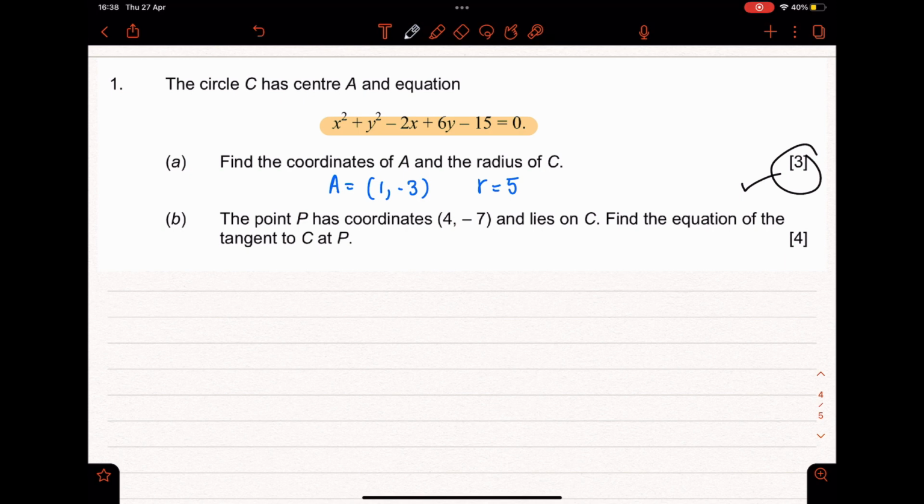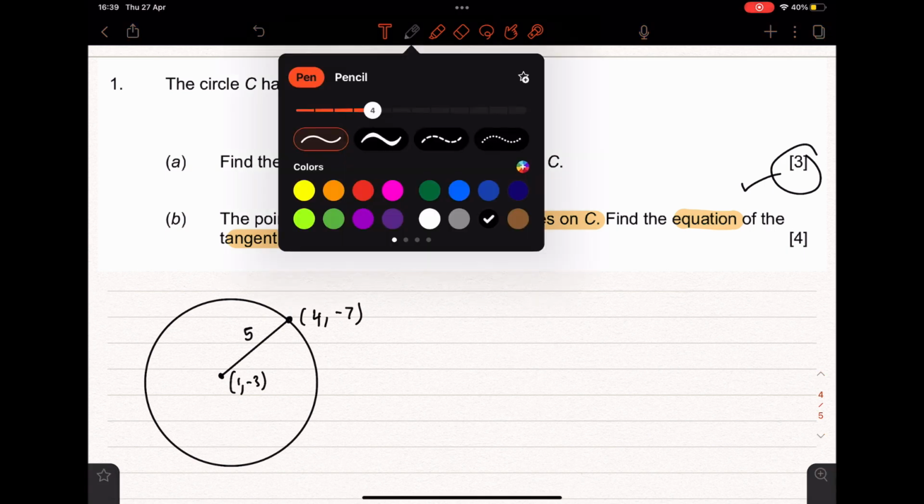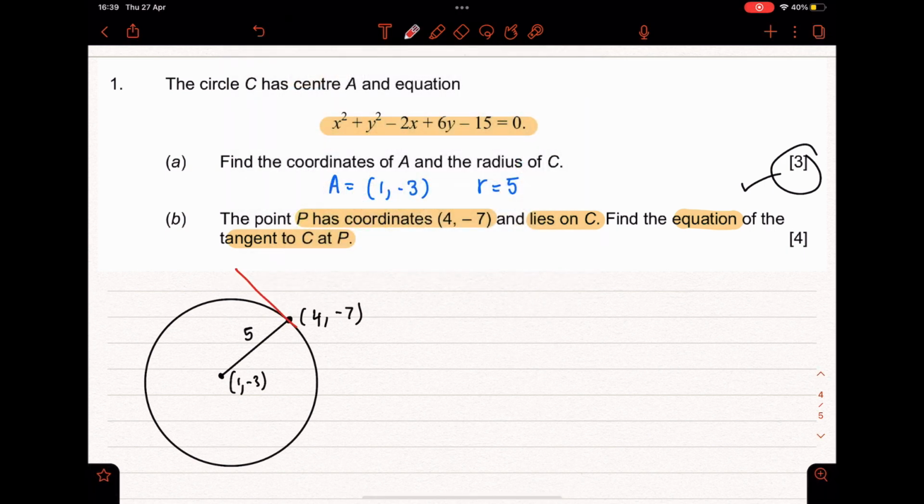Okay, now let's move on to question 1b. So the point P is at (4, minus 7), which lies on the circle C, and the question is asking us to find the equation of the tangent to C at P. So given that we have the circle with a centre of (1, minus 3), and the point P (4, minus 7), and we know that the radius is equal to 5.